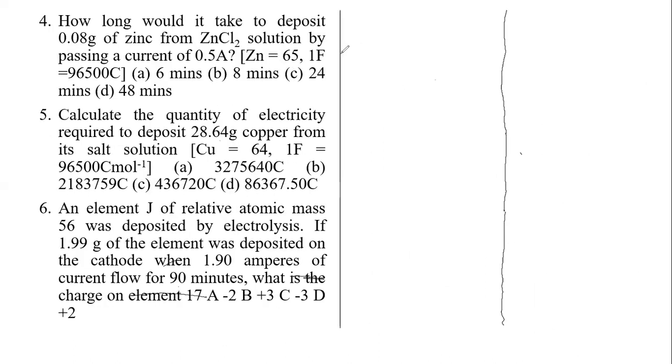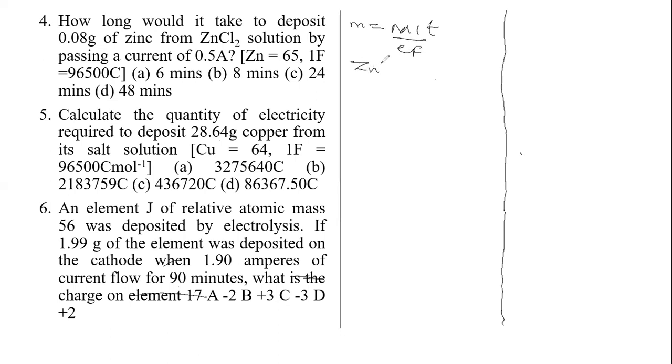Question number 4: how long would it take to deposit 0.08 gram of zinc from zinc chloride by passing a current of 0.5 amperes? Now, you can recall the formula I used earlier, that M equals MIT over EF.